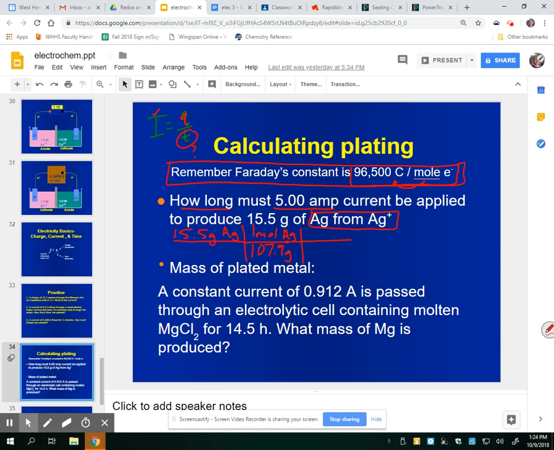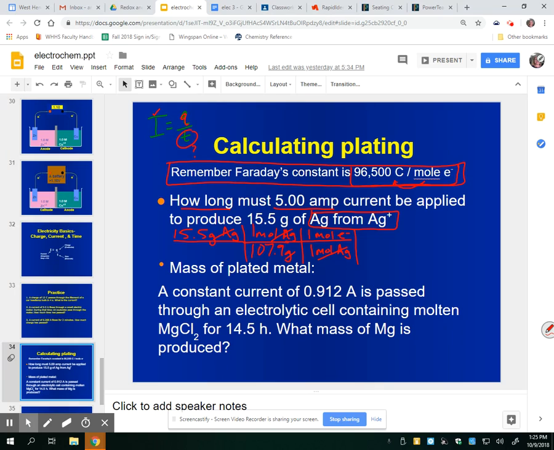That's going to be our next conversion factor. 1 mole of silver is going to liberate 1 mole of electrons. It won't be 1 for everything, but for silver, because it goes from 0 to 1 positive, it is 1 mole of electrons.